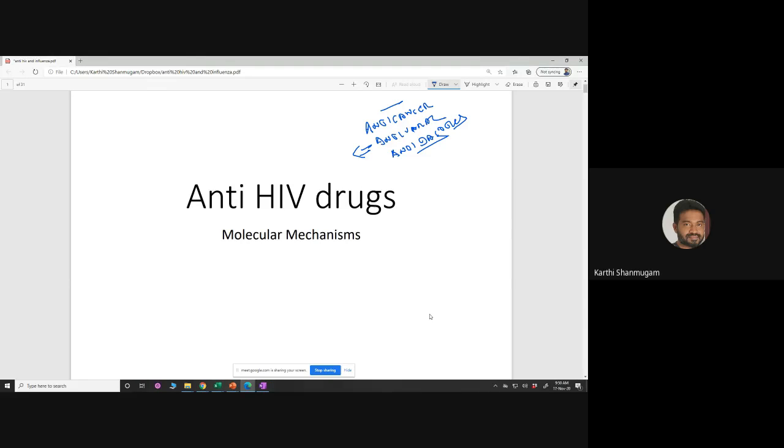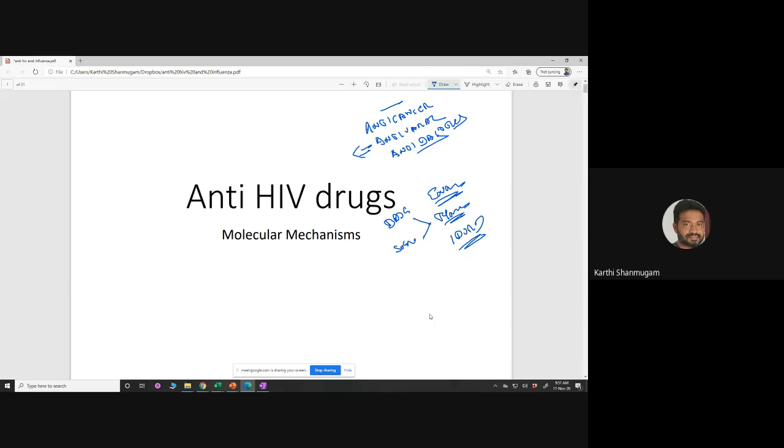Basically, all the antiviral drug molecules will have some resemblance with the endogenous ligand molecule, thymidine. That is what we discussed. If you compare the structure of thymidine and IDU, you can find very good structural resemblance between both, right? So we can classify the antiviral drug molecules into base modified or sugar modified.